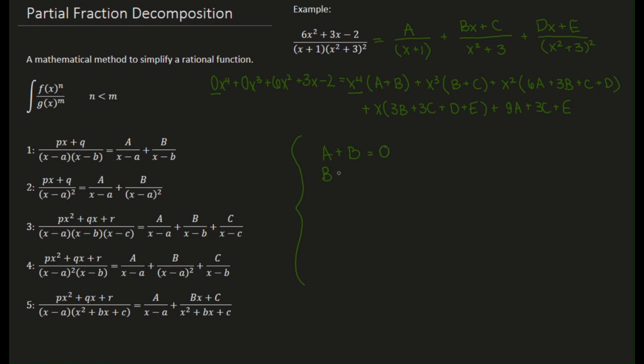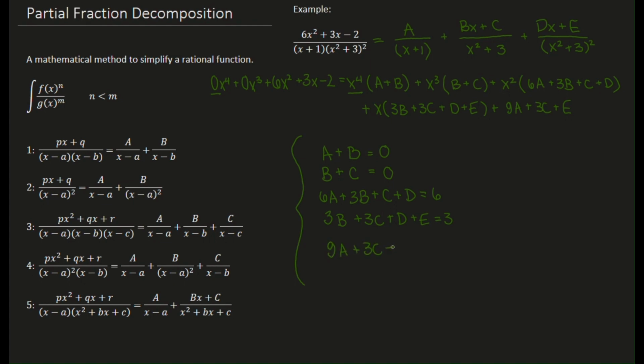Then I have 6a plus 3b plus c plus d equaling 6. Then I have 3b plus 3c plus d plus e equaling 3. Then the last one I have is 9a plus 3c plus e equaling -2.